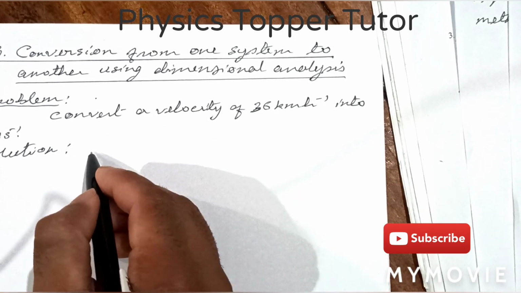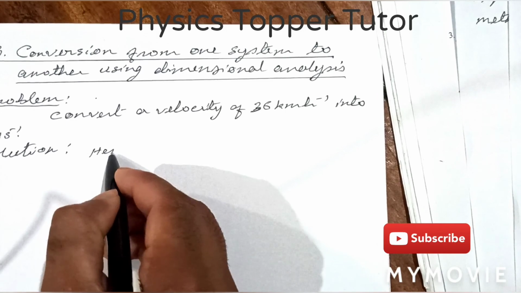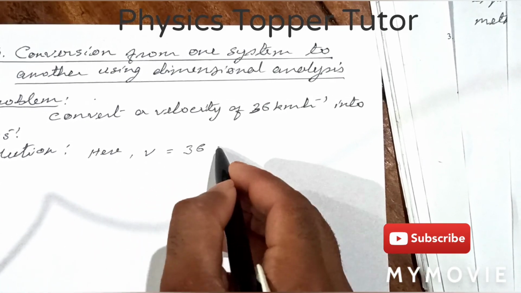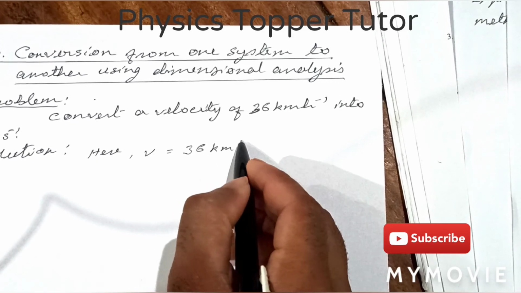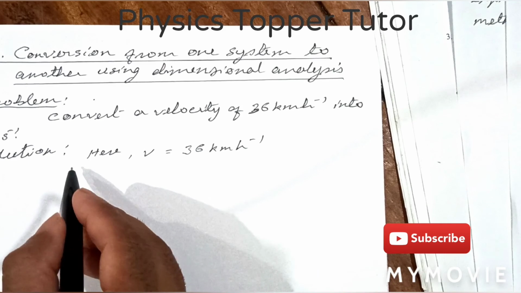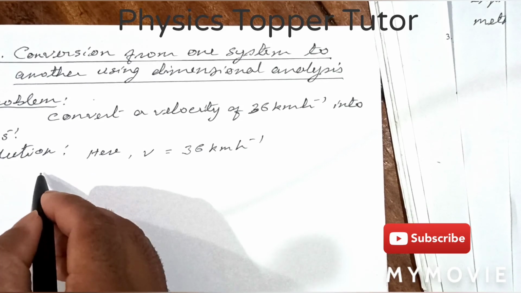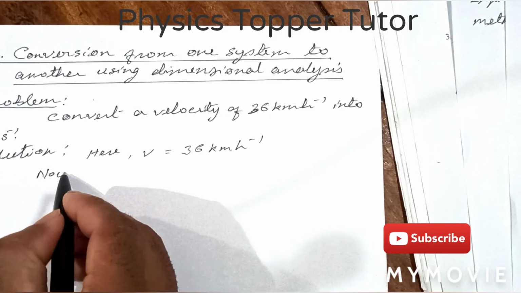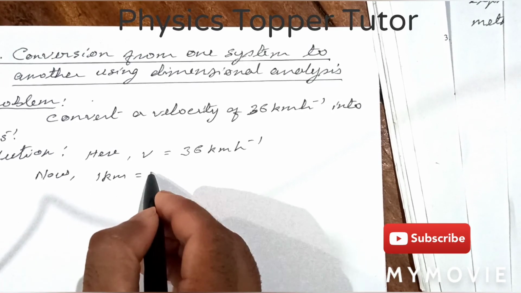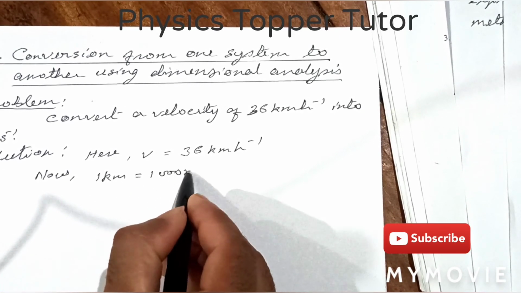So here the velocity is 36 kilometer per hour, and we know that 1 kilometer equals 1000 meter, isn't it?